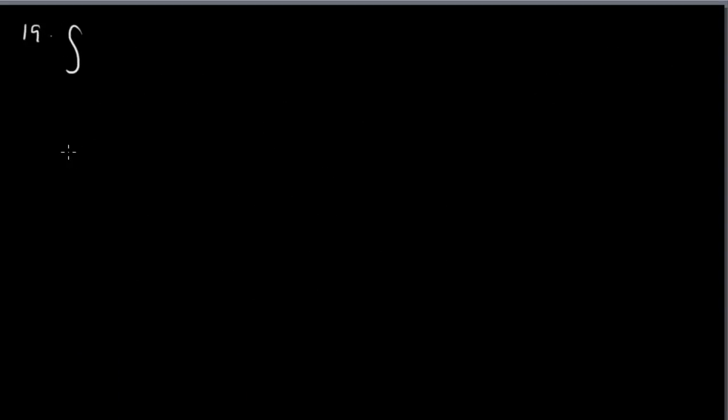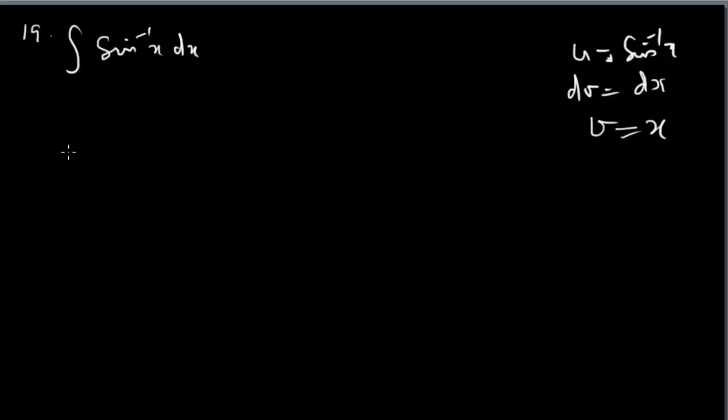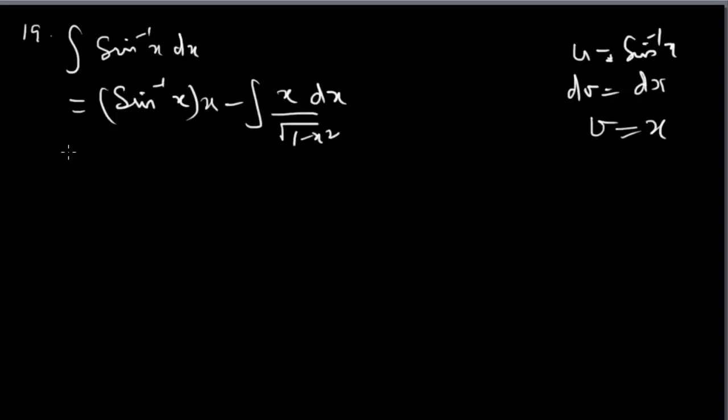Integral sin inverse x dx. Here once again u is equal to sin inverse x, dv is equal to dx. So v is equal to x. uv is sin inverse x into x minus integral v, x here, and differentiation of sin inverse x is 1 by root of 1 minus x squared into dx.